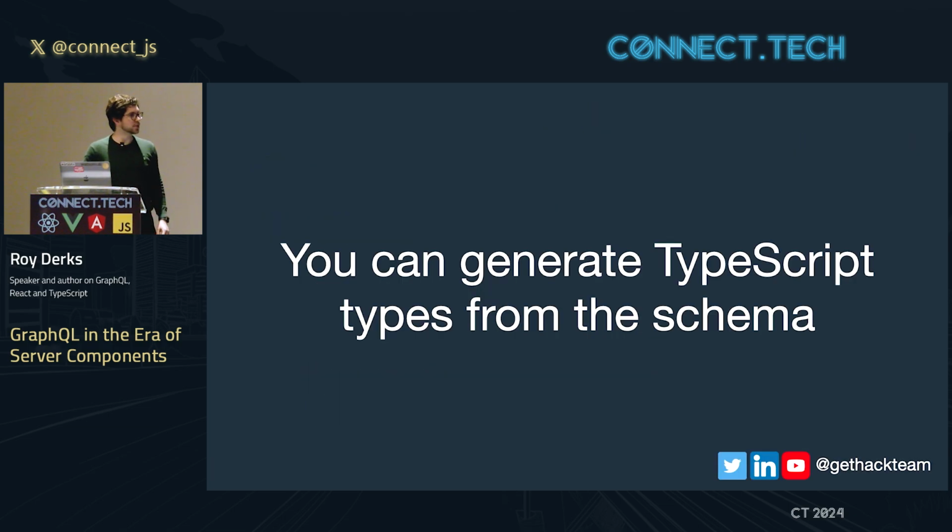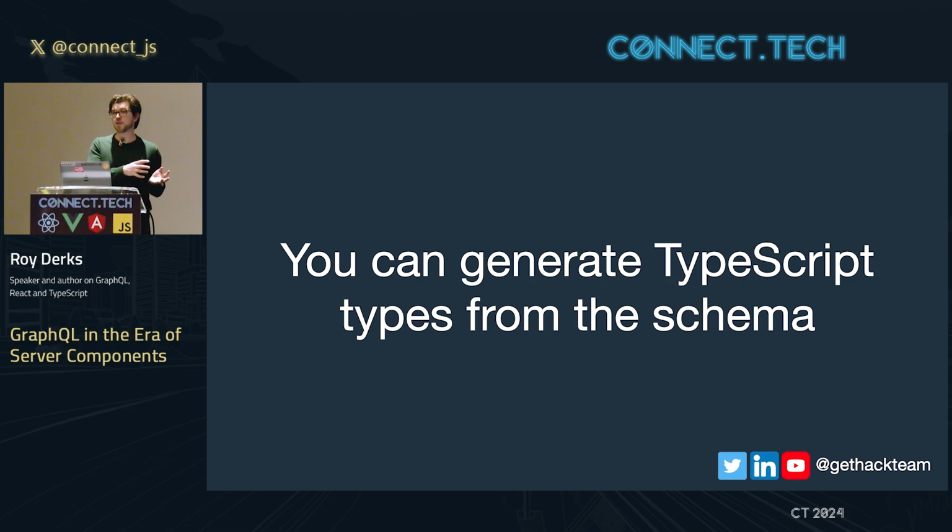And something else that's an upside from GraphQL, as I said in the beginning, is a secondary benefit: you can generate TypeScript types from the schema. I mentioned in the beginning, some people might be using GraphQL wrong, because some people told me, why do I need GraphQL now that tRPC also gives me type safety? Getting TypeScript types from your schema is a secondary benefit.